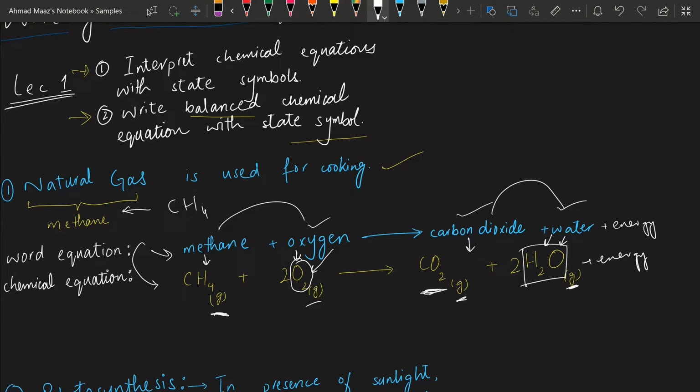Alright, so these are the things that react and what is being produced. You see that I have added 2 over here and 2 over here. This is to balance a chemical equation. You will soon be able to understand where these numbers come from and how you can add these numbers yourself to balance a chemical equation.